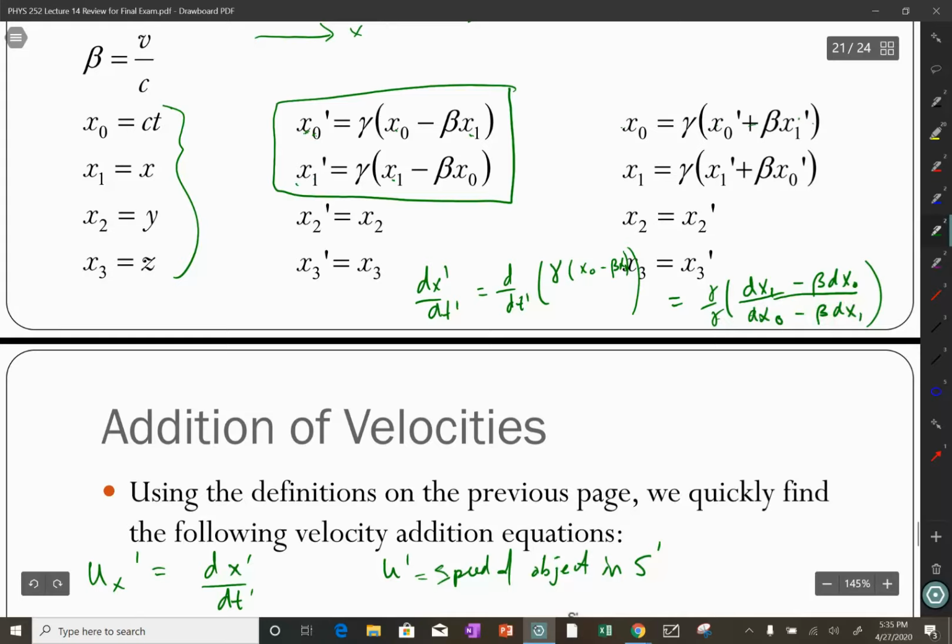And then all I did was I divided everything by dt. In doing that, then we have dx1 dt is ux. dx0 dt, since x0 is ct, is c, and then dx0 dt is again c.